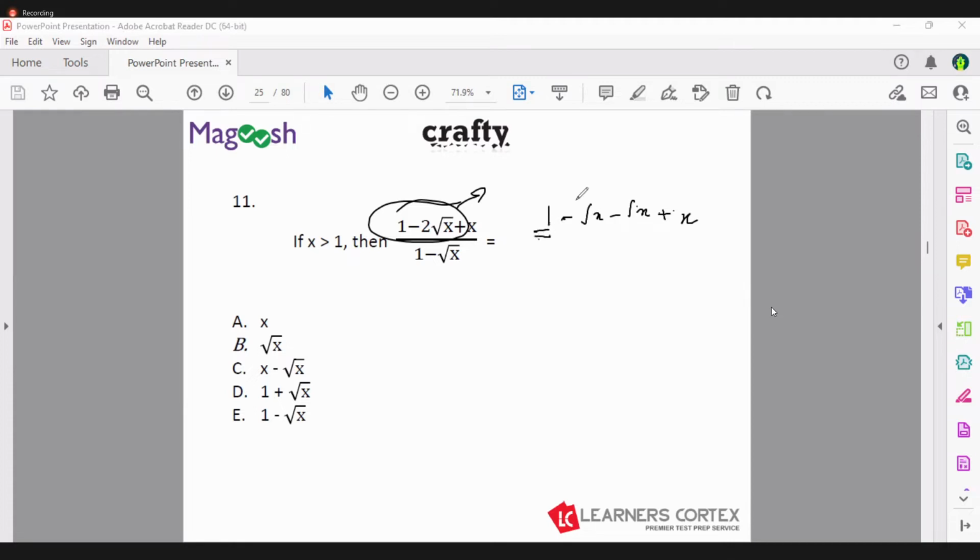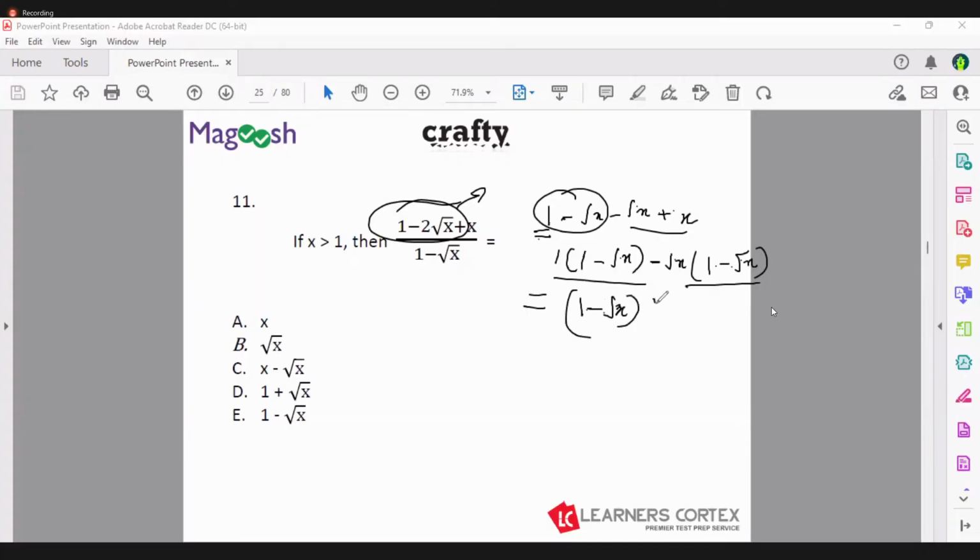We can take out 1 common from these two. This becomes 1 minus root x. And we can take out minus root x common from these two. This becomes 1 minus root x. Then from this term and this term we can take out 1 minus root x as common, and we'll be left with 1 minus root x here as well.